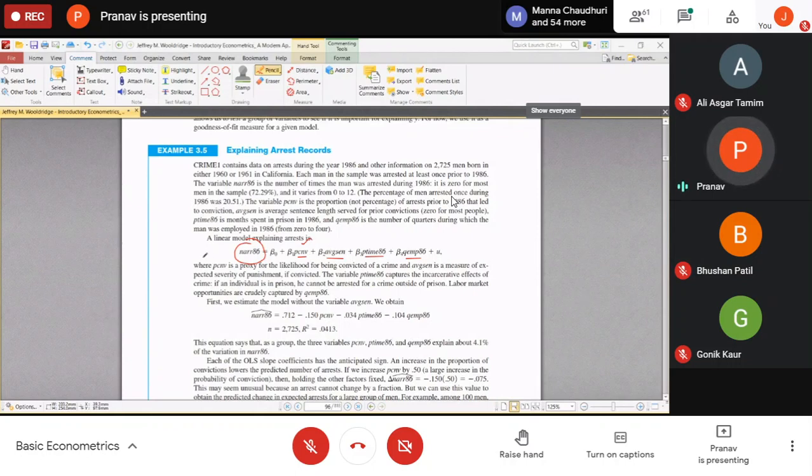So this is the population regression function that they have written. And first of all, before we talk about writing code for this, what this tells us is that the number of times a man gets arrested in this particular year depends on these four parameters.